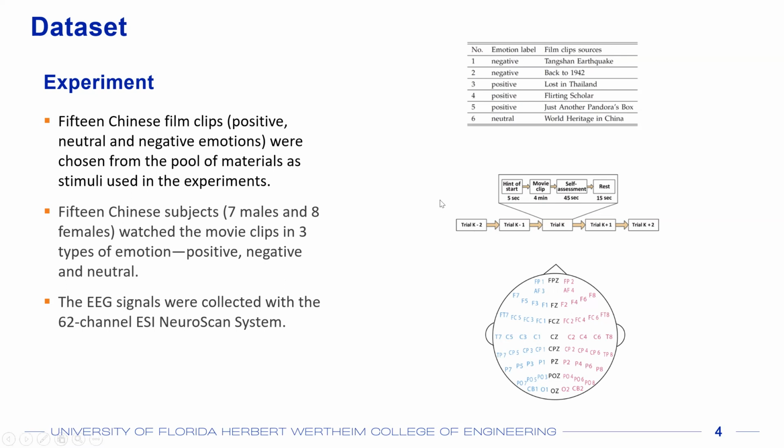The second figure is the trial used to extract the EEG signal from the subjects. And the third figure shows the channel distribution and how we collected it with the 62 channels using the Neuroscan system.